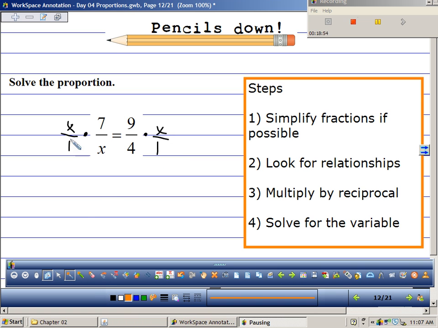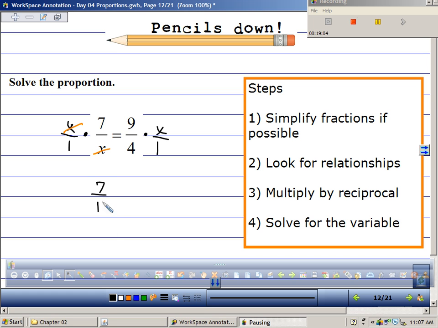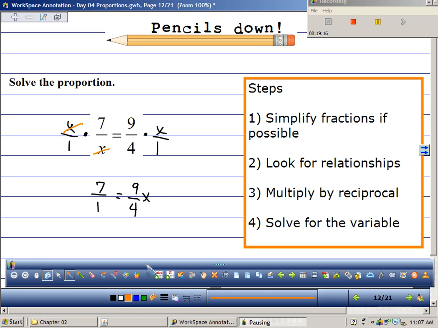Once I do that, x is out of the denominator, and I now have 7 over 1 equals 9/4 times x, or you could put the x right there, but it doesn't really matter. Now how do I isolate x? Multiply by the reciprocal. 4 over 9, multiply by 4 over 9.